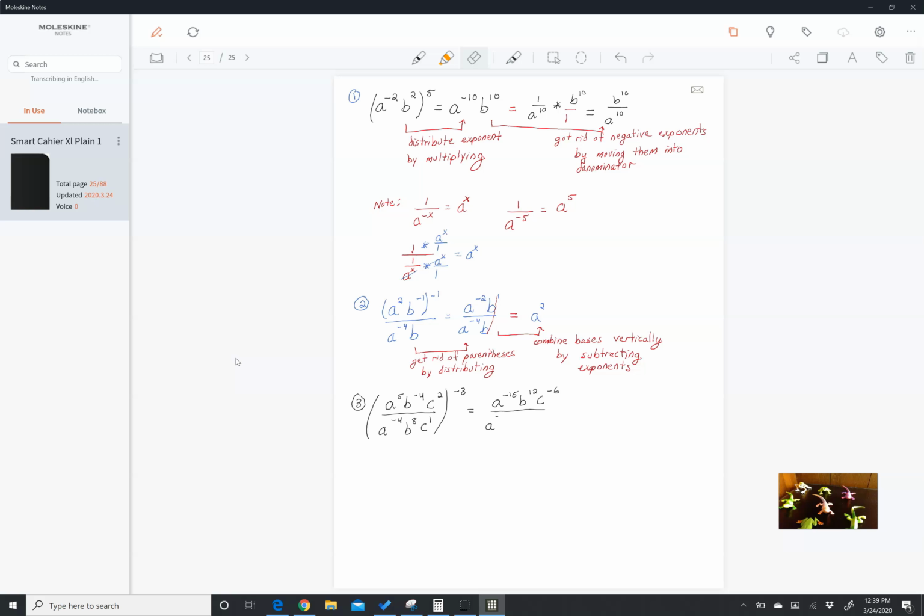Then we have a to the +12. It's positive because we have a -4 times a -3. B to the -24. And C to the -3. Okay, so we got rid of the parentheses by distributing the exponent. I'm going to stop writing a lot of this.